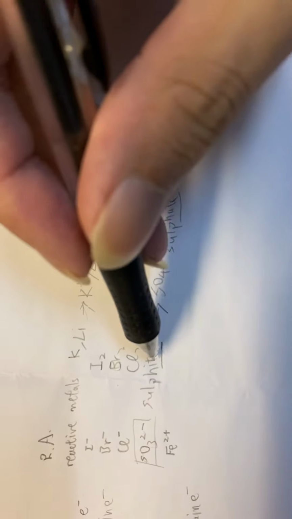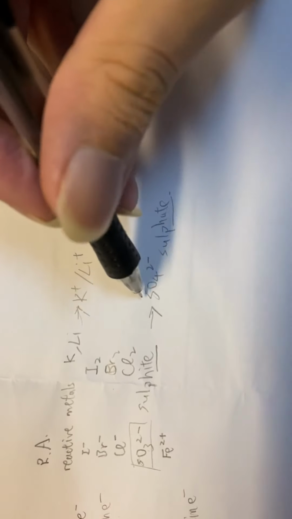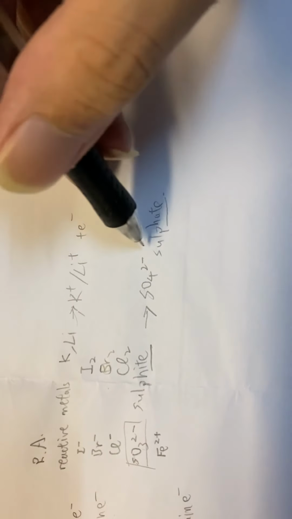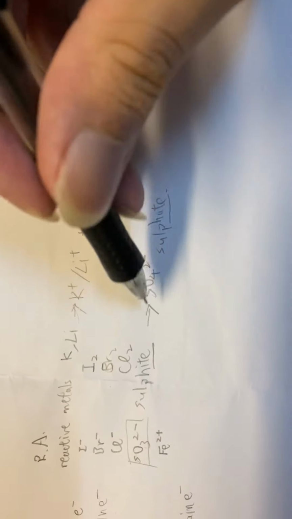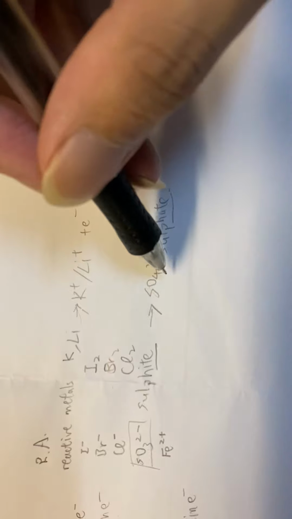And for the one with ITE, it should have one oxygen less. So the sulfate ion is SO4 2-, and the sulfite ion consists of one oxygen less, so it is SO3 2-.